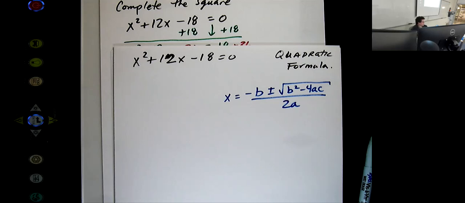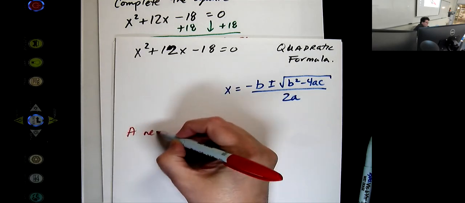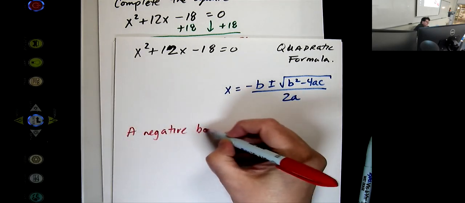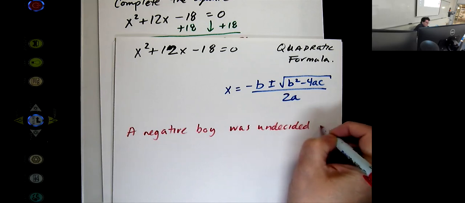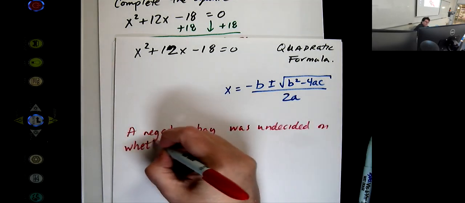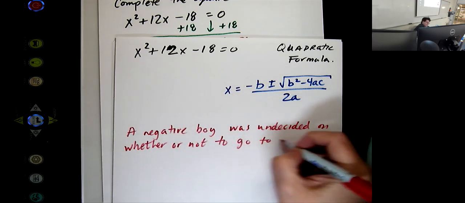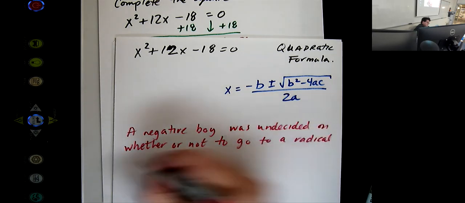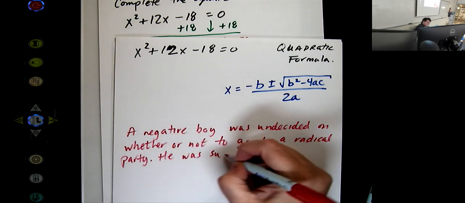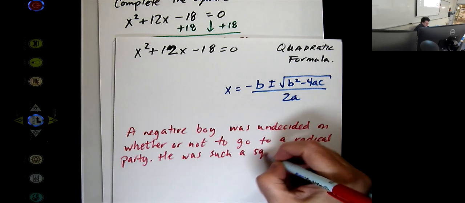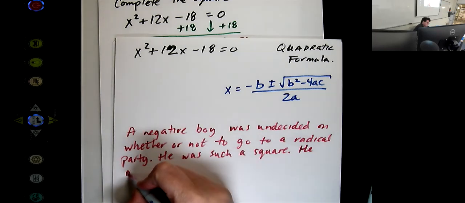So you could do a story with it if you need to remember it. A negative boy was undecided on whether or not to go to a radical party. He was such a square. He missed out on 4 awesome chicks.